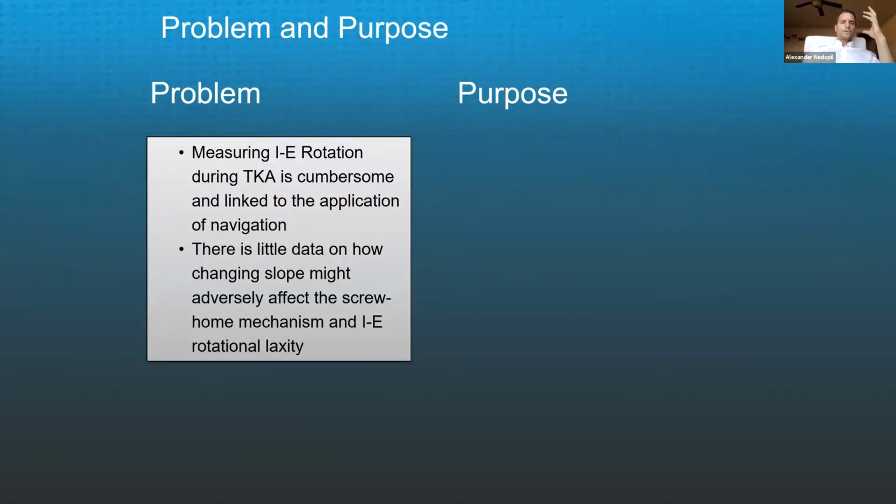Measuring the rotation during a total knee replacement is usually pretty cumbersome and linked to the application of costly navigation. And there's actually little knowledge on how changing slope adversely affects the screw mechanism and the rotational laxity.